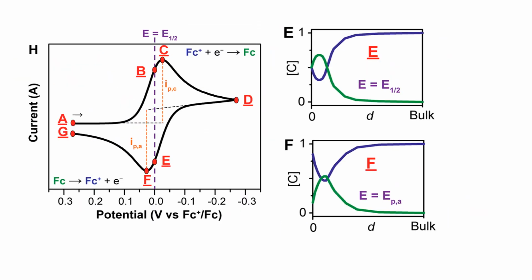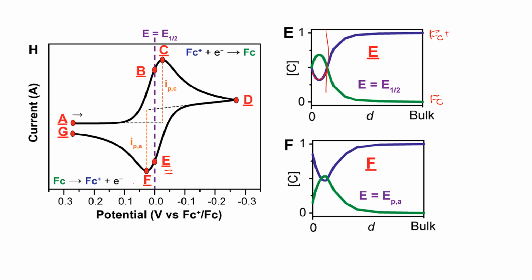So at E and F, here we have this is Fc plus, this is Fc. So Fc plus starts to decrease near the electrode.